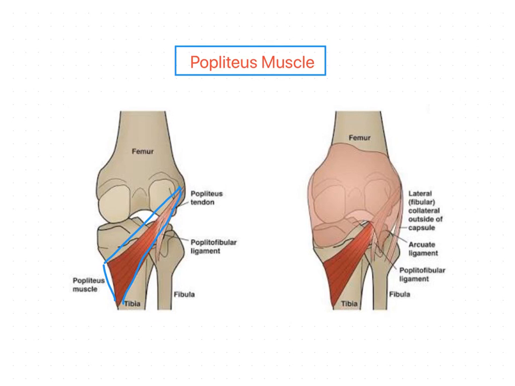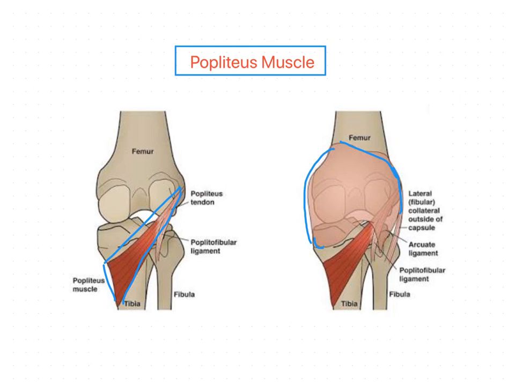Okay, now we will see the origin of this popliteus muscle. The origin is inside the capsule of the knee joint. So this is the capsule of the knee joint. Normally the capsule of the knee joint is actually a very complex thing that we are going to discuss in the knee joint.